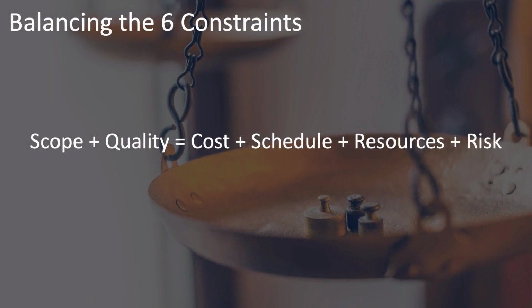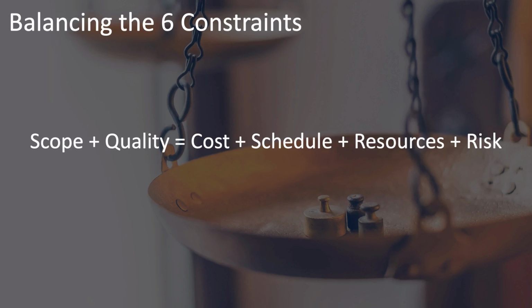Although some people have tried to use 2 triangles on top of each other to try and capture these 6 constraints, I don't find that very useful or practical. However, this equation that represents this balance of the 6 constraints is very useful. Using this equation, you can see that scope and quality go together on one side of the equation, while cost, schedule, resources, and risk belong on the other side.